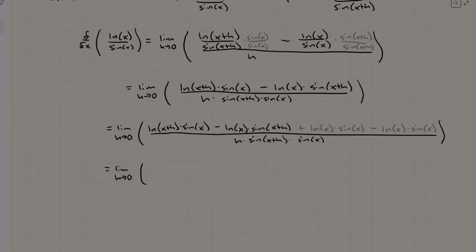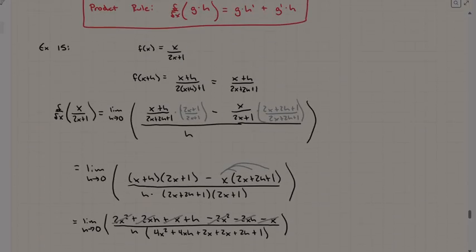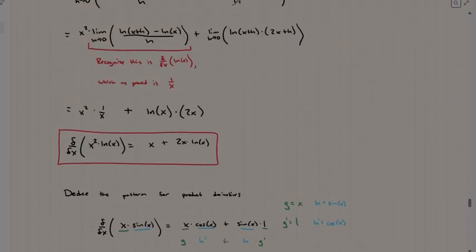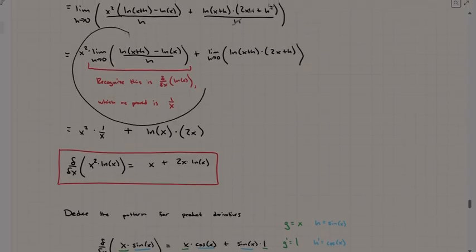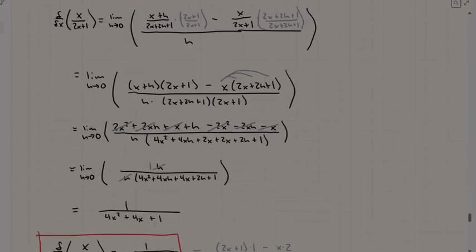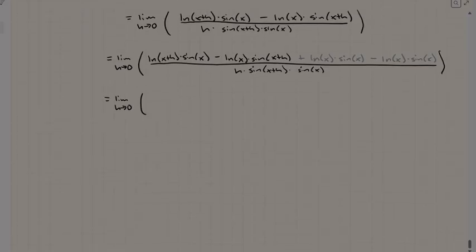So what we want to do is take advantage, if you remember, of a similar previous problem, where we get to a point where we recognize that we've got the derivative of something written as a limit expression. Basically, we're planning ahead on this example to try to reach that with the ln of x.